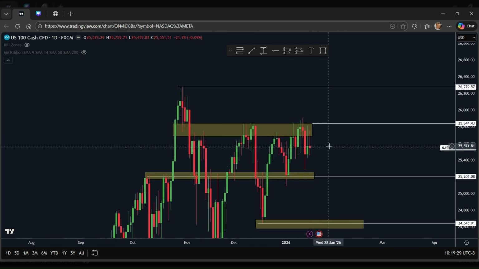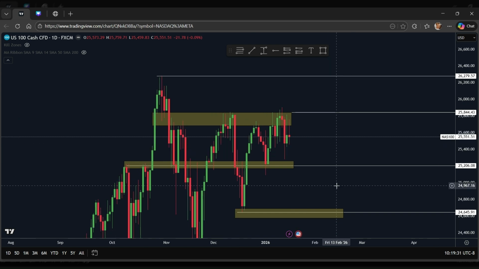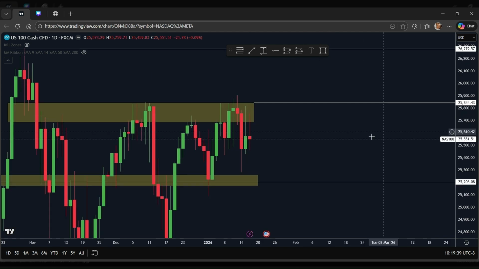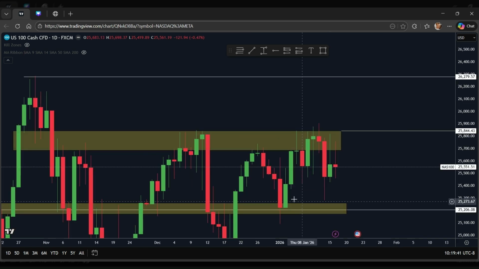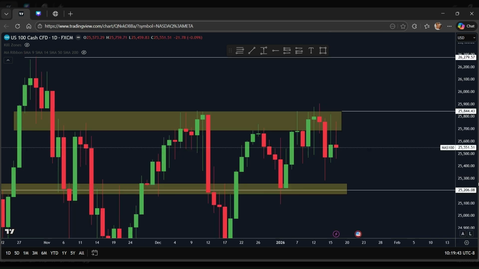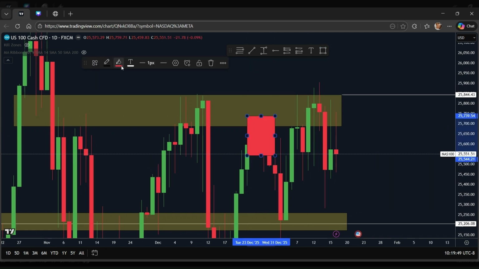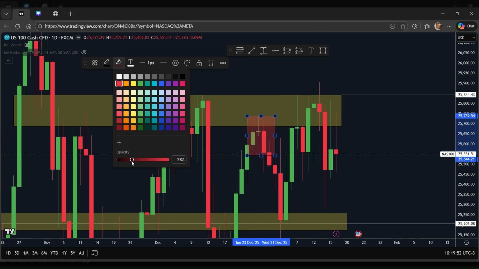Pretty simple, pretty straightforward. Now, what I want to go over next is actually candlestick patterns. And you'll see them everywhere. So, right here, this is one right here, this little area. Let me change that.